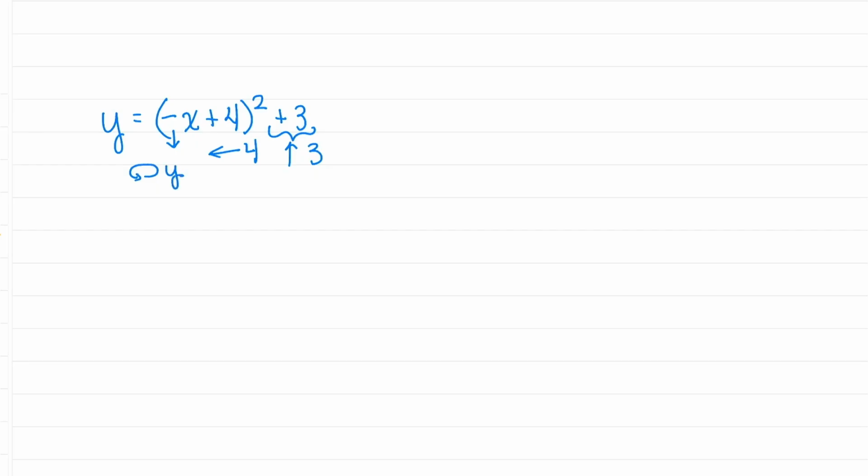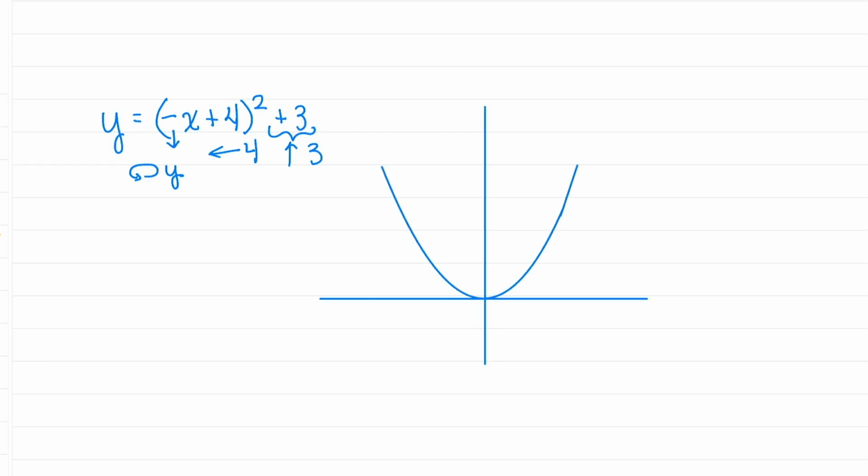So let's go ahead and sketch what this graph is going to look like. Our parent function here is going to be the quadratic function. So we can sketch in our original parabola. And I've said this many times, but it does not have to be perfect unless you are actually asked to graph it, in which case you can use a calculator and look at a table of values, or you can plug in points.